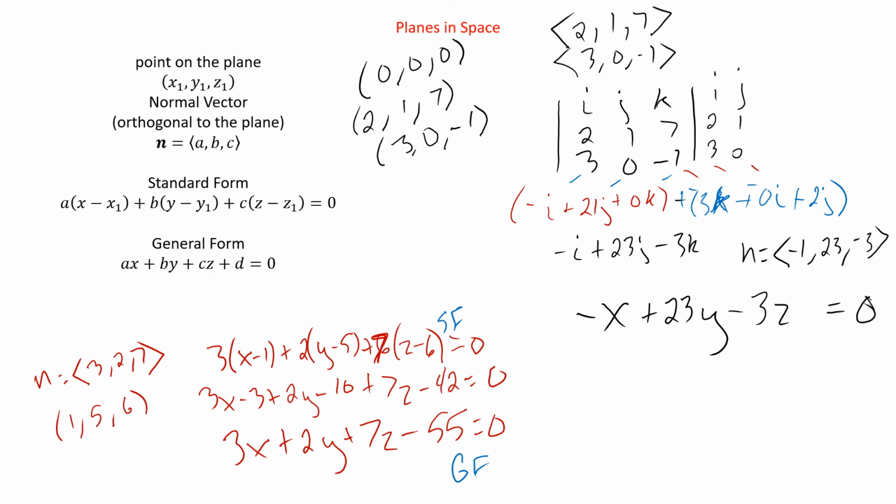When you don't have that d term, it means that it goes through the point 0, 0, 0, by the way. So that's the equation for the plane. If we had chosen any of the other points, that d term would have ended up canceling out. So this general form of the equation would always be the same no matter which point we chose.